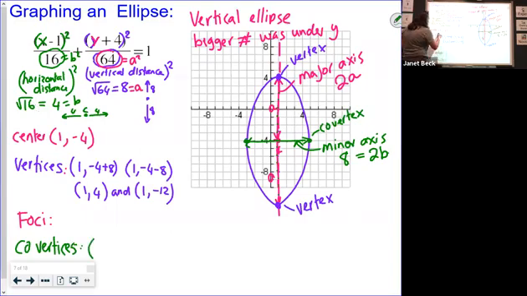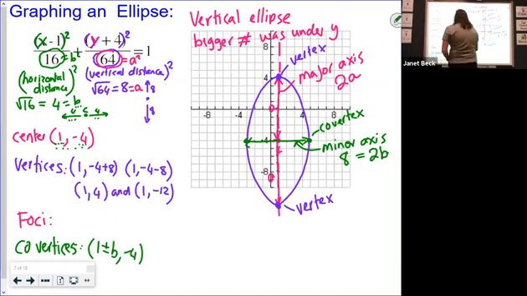And to get at them, we started at the center, and this one we went left and right, so we're changing that x coordinate. We were at 1, and we went left and right by this length, which we're going to call b. And we kept the y coordinate the same.